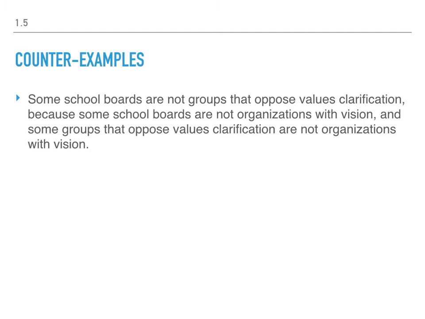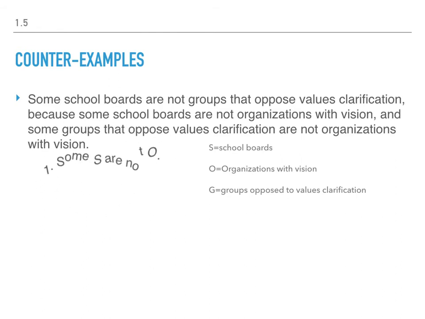The conclusion is in the first sentence, and then the reasons for it follow, and we see the word because. So we do what we normally do. We find the things that repeat, and we assign them a variable. In this case, we'll use S for school boards, O for organizations with vision, and G for groups opposed to values clarification.